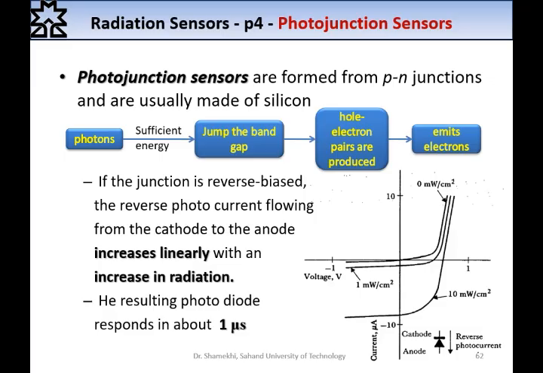We use p-n junctions in reverse bias, and therefore we increase the gap, we increase the linearity.